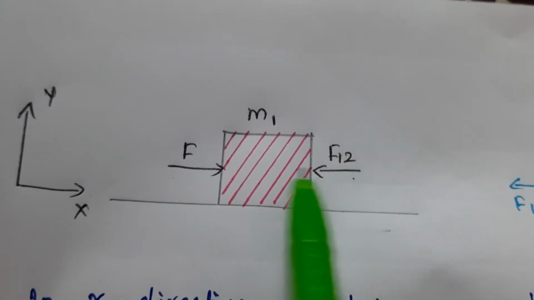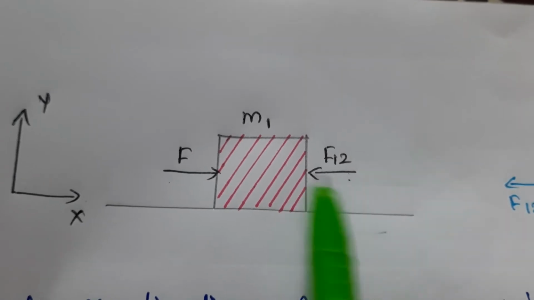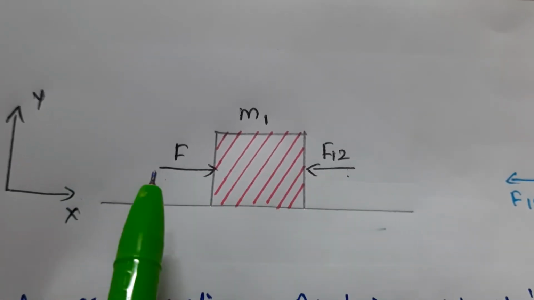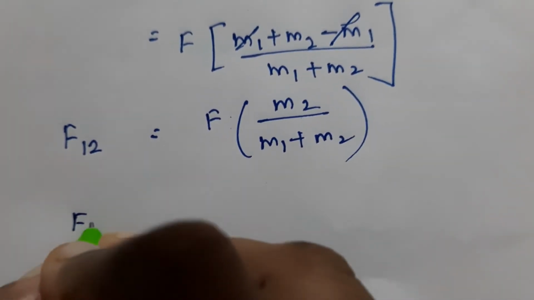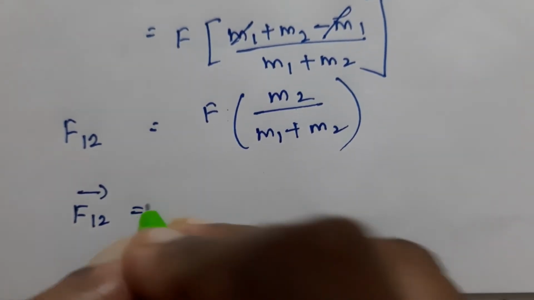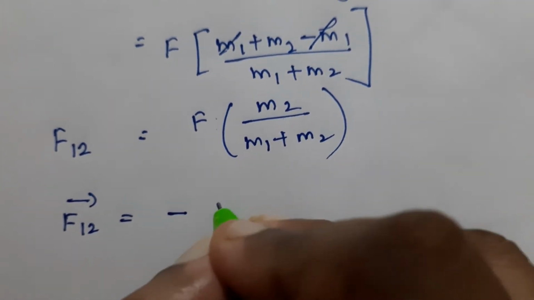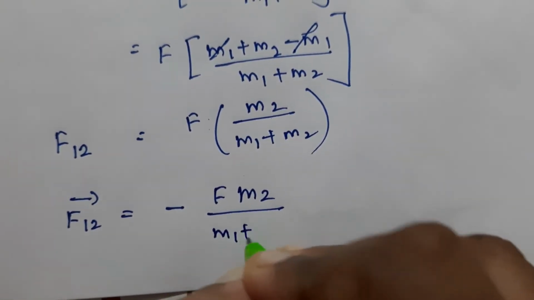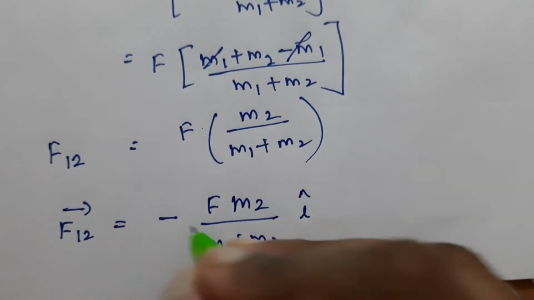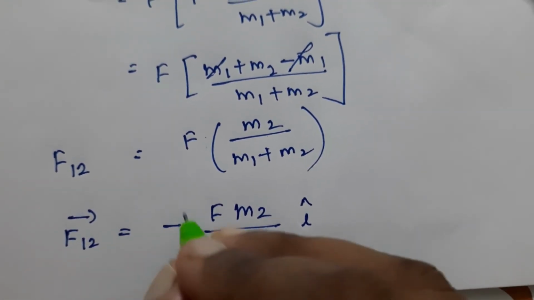Now what is the direction of f12? F12 is in the negative x direction. When you write this in vector form, f12 vector is equal to minus f m2 by m1 plus m2 i vector. So this is minus i vector. I am bringing the minus sign here.